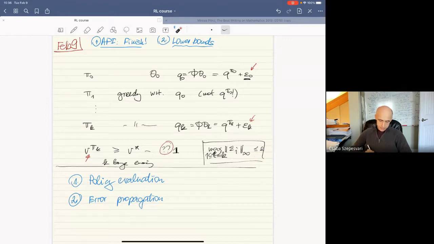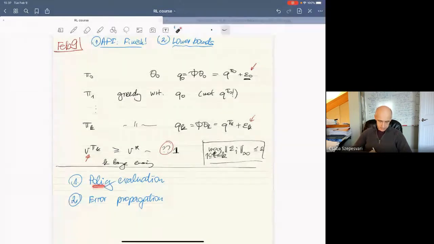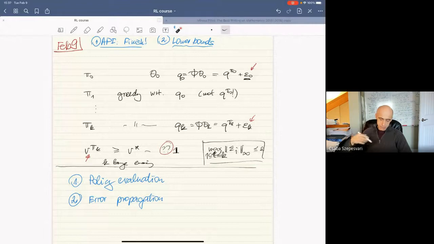And so that will be one part of the challenge. That is, if you are given a policy like pi naught, how do you find these parameters? So this is called policy evaluation. How do you find these parameters so that the error is uniformly controlled? And then, as in policy iteration, once you have the action value function in your hands, you can greedify with respect to it.